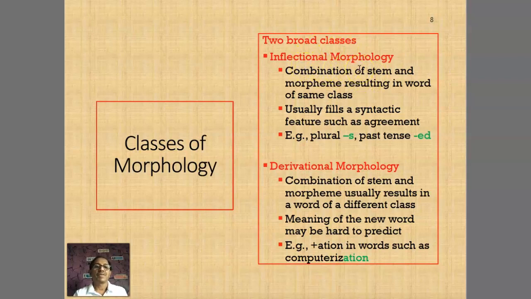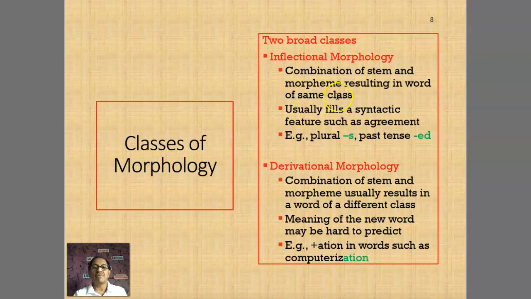For example, if you take the word cat, cat is a noun, and if I add the plural suffix s to it, it becomes cats, and the word cats is still a noun. Cat is a noun, cats is also a noun. So the class of the word hasn't changed. So the plural morpheme comes under inflectional morphology.